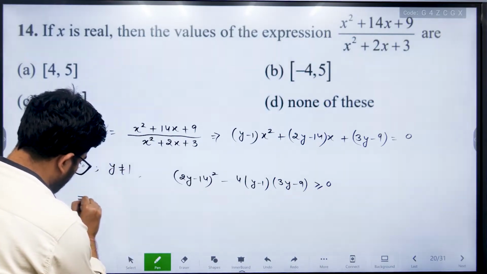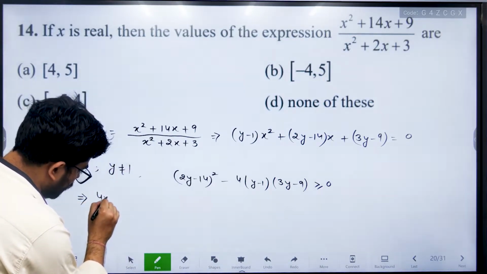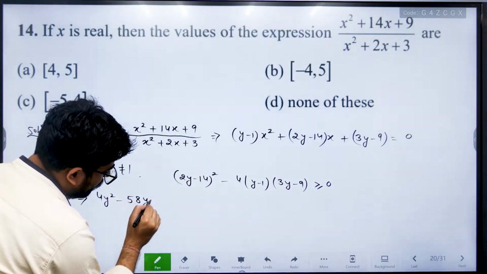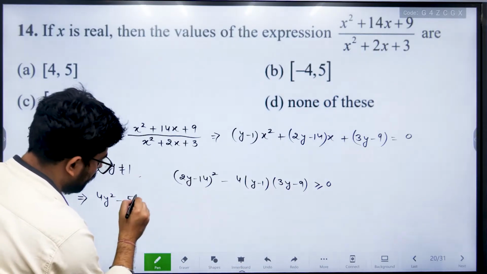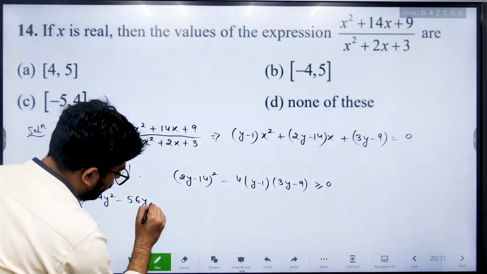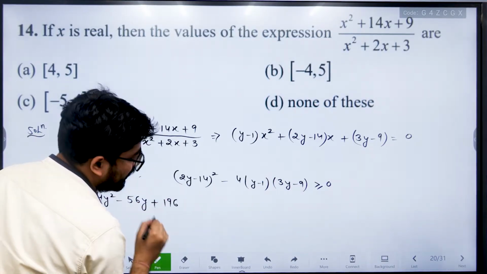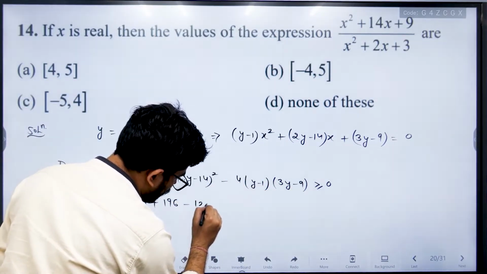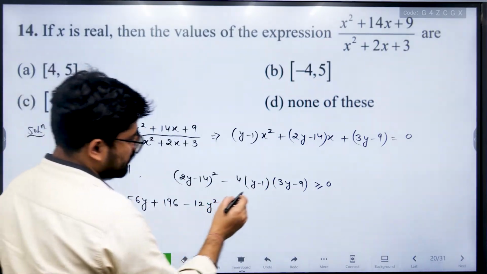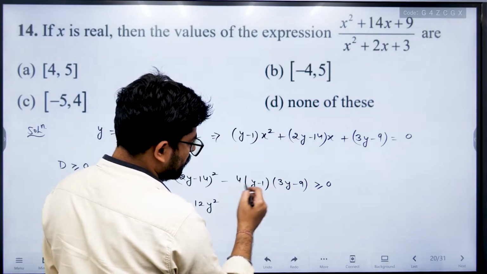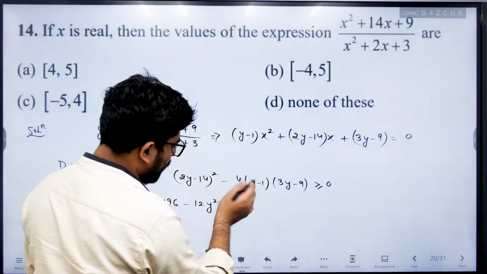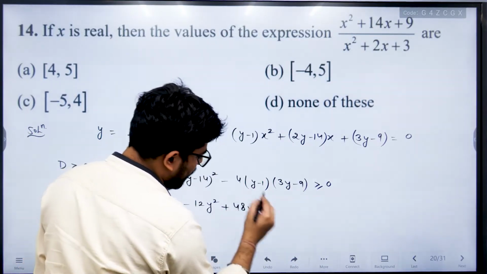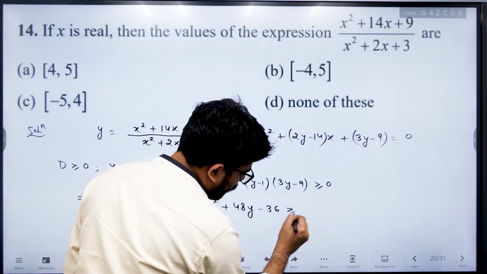After simplification, you will get 4y square minus 56y plus 196 minus 12y square plus 48y minus 36, greater than or equal to 0.